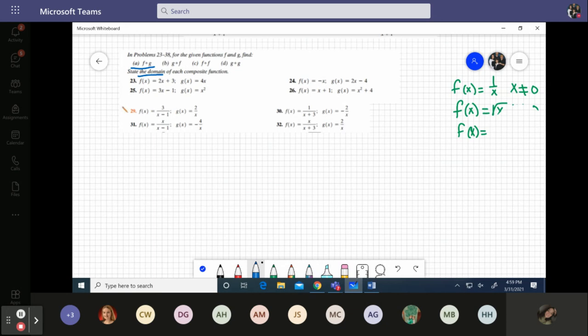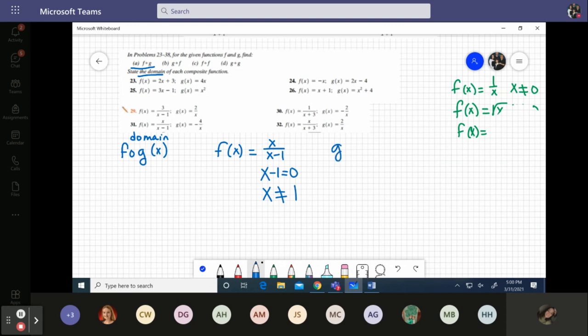So on 31, we're looking for the domain of f of g of x. F of x is equal to x over x minus 1. So just for f of x, what's the domain going to be? Cannot equal a 1, right?